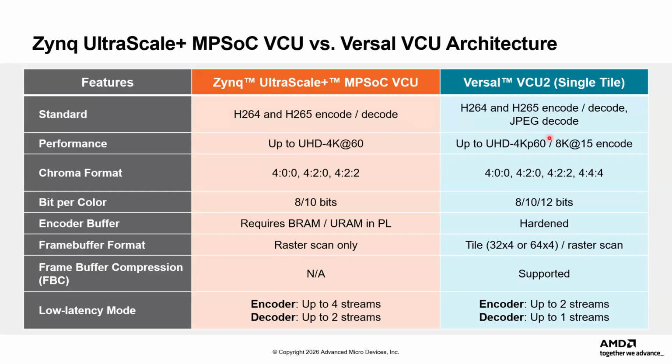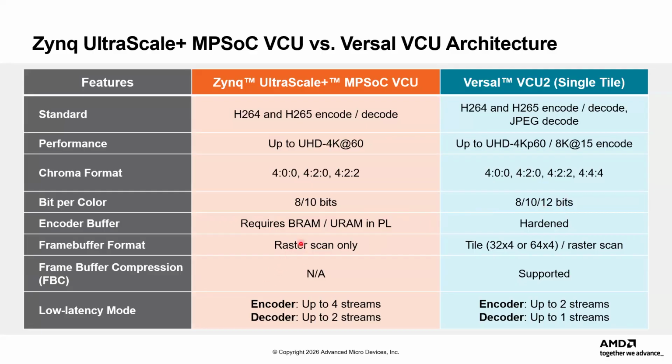This can do 4K pixels at 60, so really should be about the same here. But you can also go up to 8K at a reduced rate. This has a lot more support for different chroma. So depending on what you need for individual quality of the picture, there's more support here. The number of bits per color is increased. Rather than just 8 or 10, it goes up to 12.